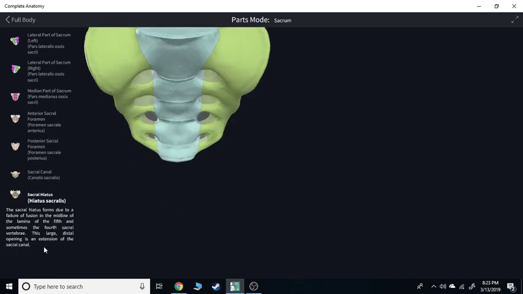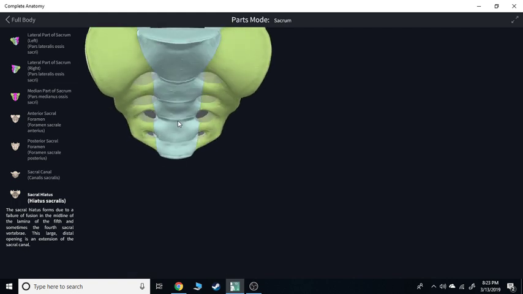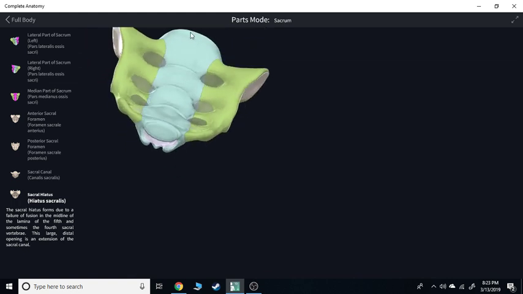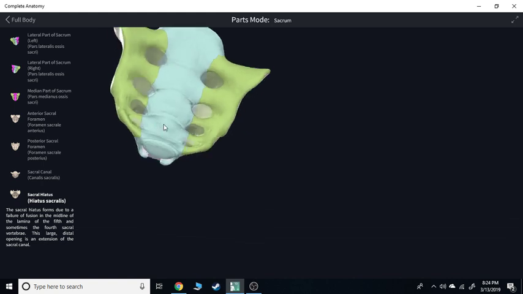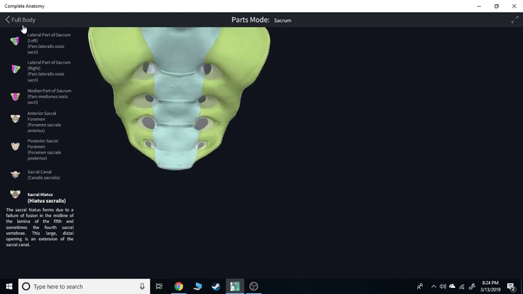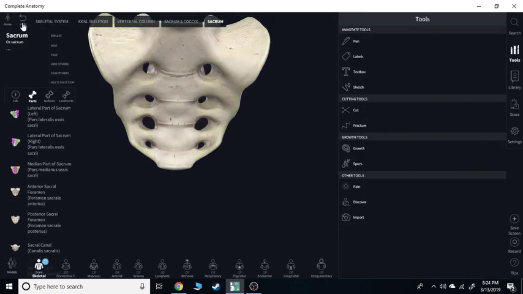Just can't figure this one out. Sacral hiatus forms due to failure of fusion. Well, if anybody knows what that is, feel free to teach me.